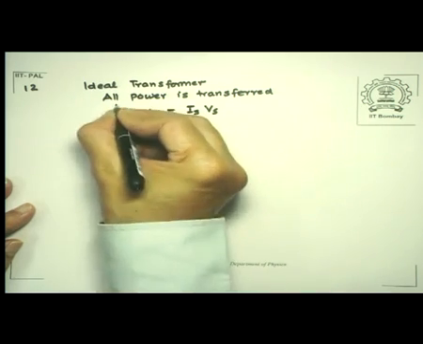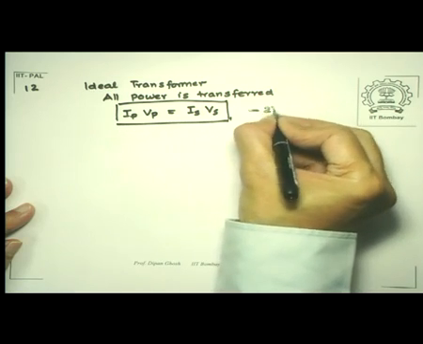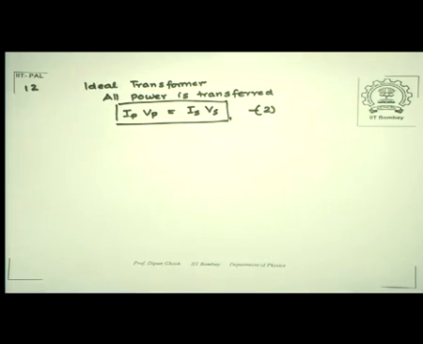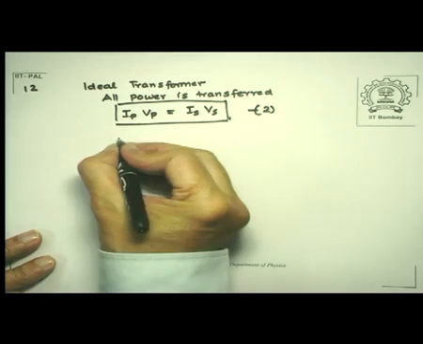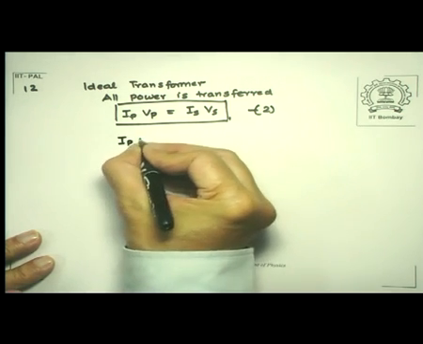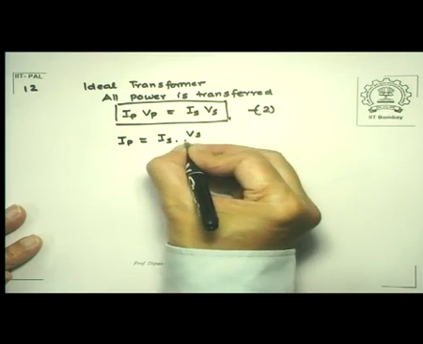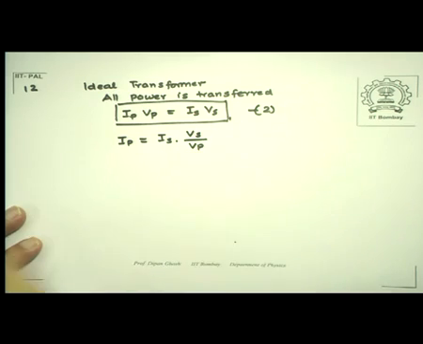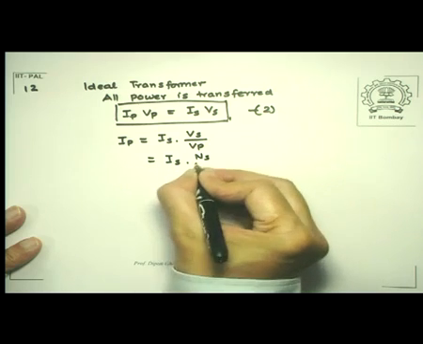This is my second equation. Now if I compare these two expressions, this was my equation 1. Then what you find is that my Ip is Is times Vs by Vp, which is equal to Is times Ns by Np.